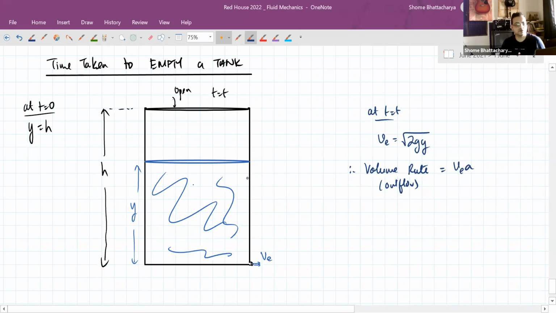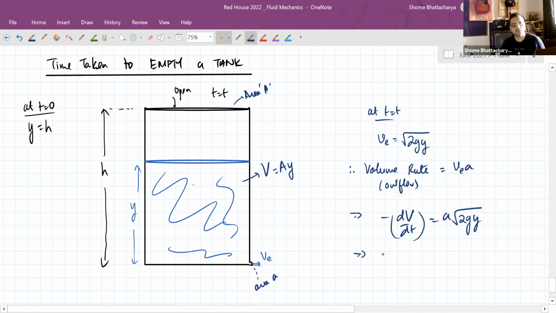So if we consider the volume of water in the tank as V at this time, it is area of cross section into y. We're using the standard terms that this is of area small a and this area is capital A. So therefore negative of dV by dt is equal to small a into root 2gy. This is our differential equation.